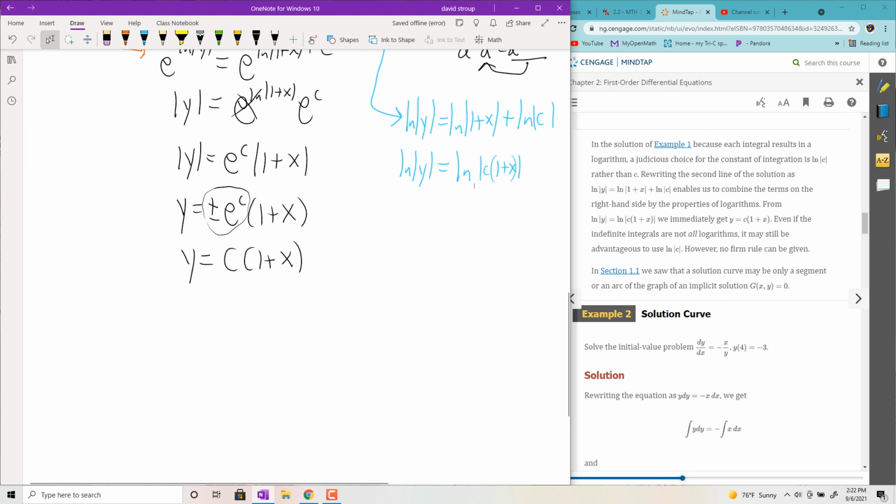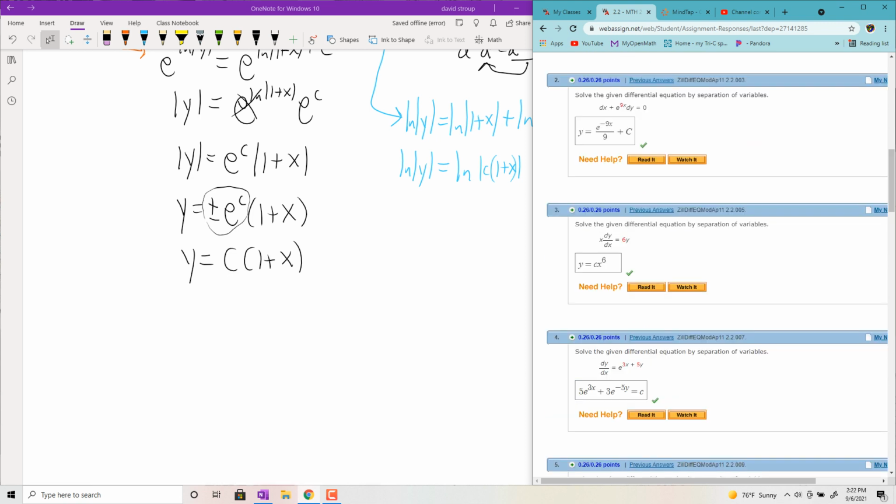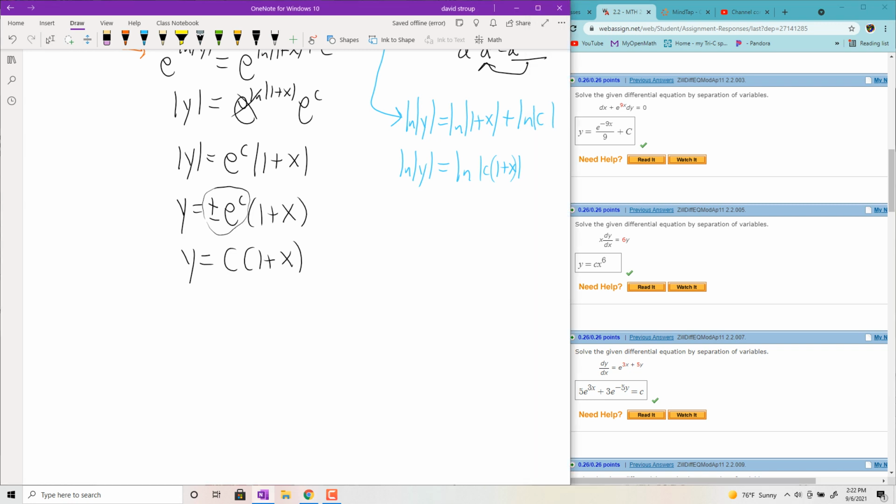Okay, so anyways, let's look at some more examples from maybe the book here, or even WebAssign here. So number 3, I guess, or maybe even number 4. We got dy over dx equals e to the 3x plus 5y.